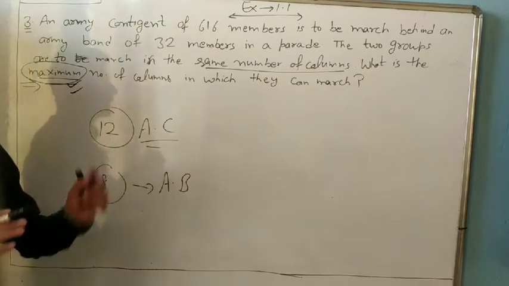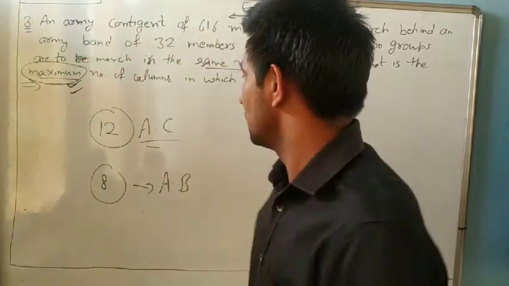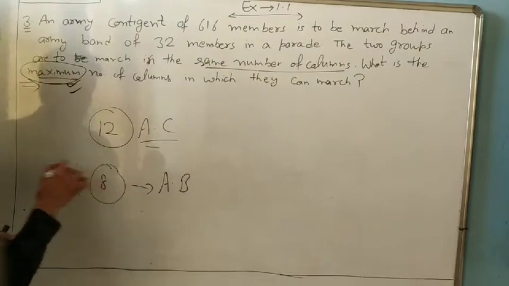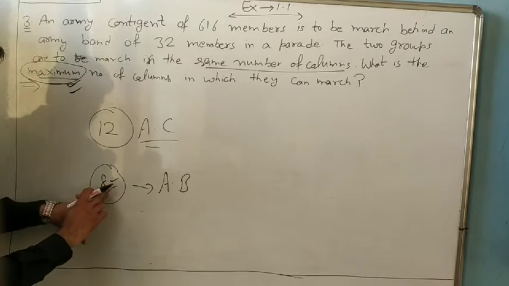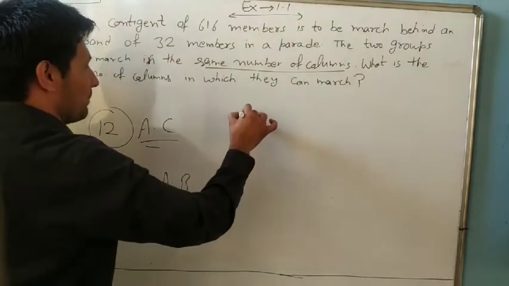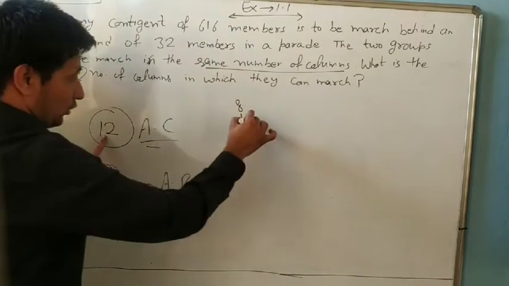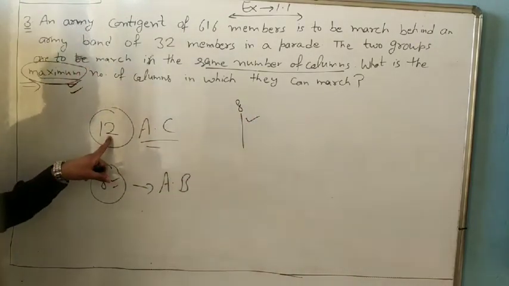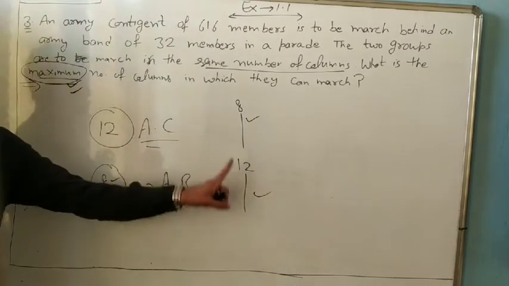So what is the maximum number of columns they can march in? In the first group the total number of members is 8. So it is possible in one column, all 8, and here what is the possibility? All 12 in one column. It is possible. It may be only one column.